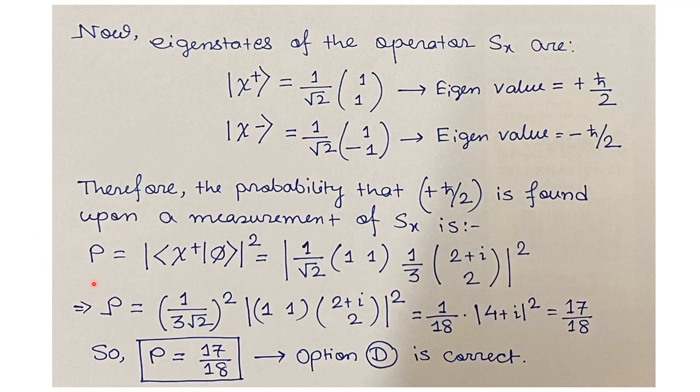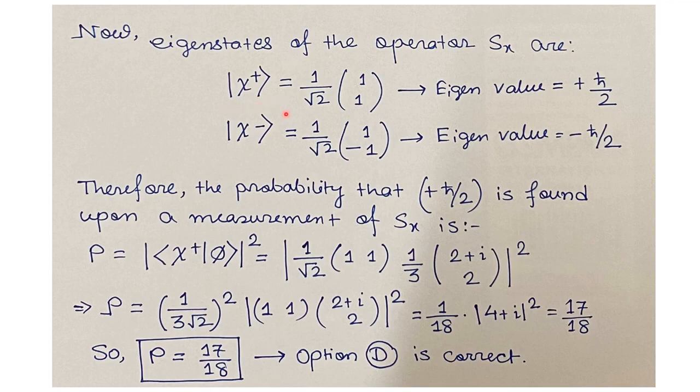So the probability will be the mod square of the inner product of chi plus and phi. Now this is in bracket notation. The bra of chi plus is basically the complex conjugate of the ket of chi plus.